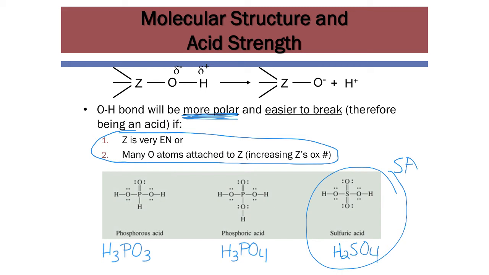The reason why is the S atom has a higher electronegativity than the P atom, so that leads to a greater ionization of the hydrogen atoms. Then our second factor here, the more oxygen atoms it has, the stronger it will be. If we compare phosphorous versus phosphoric, we would predict that phosphoric would be a stronger acid because with those extra O's, it would be more polarizable.